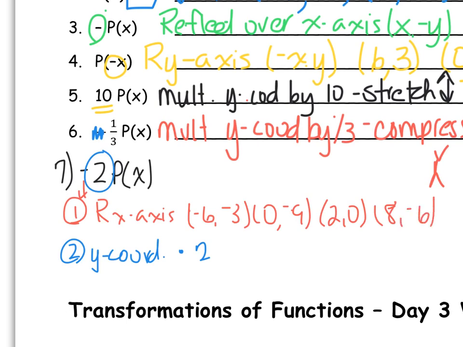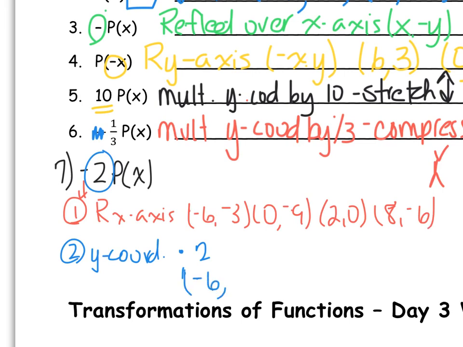So the second part of our transformation is to multiply the y-coordinate by 2. It's going to give us a stretch, which means the distance of all the points from the x-axis is going to double. And so when we do that, the x value is staying the same.